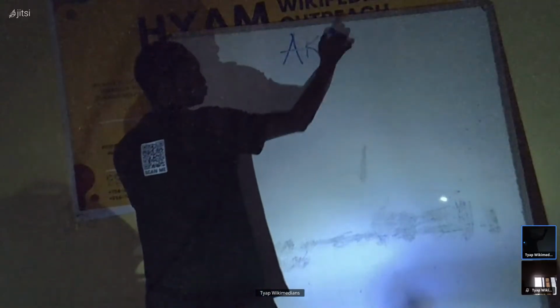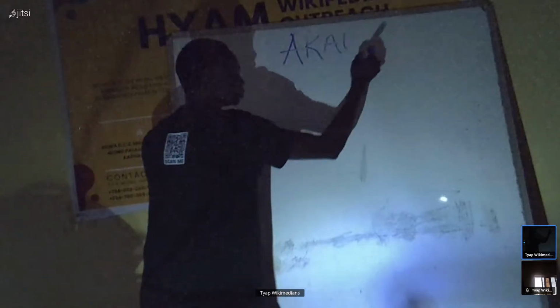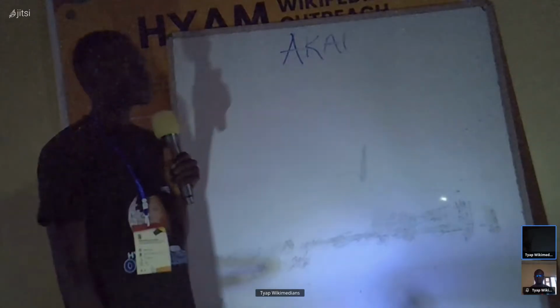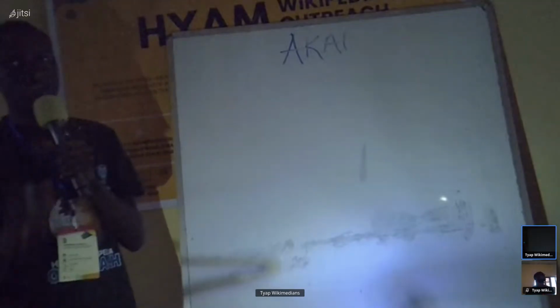But we have a new writing system called the Akai writing. It is written this way. If you open your document to the appendix, you are going to see it, after the appendix.